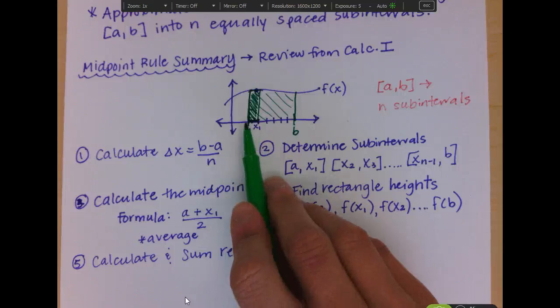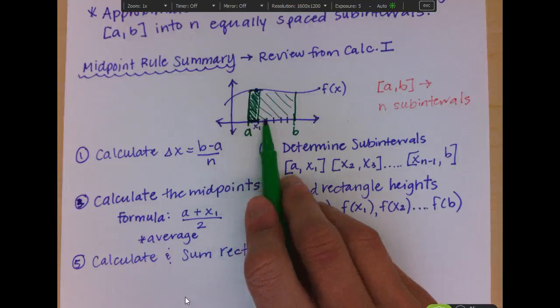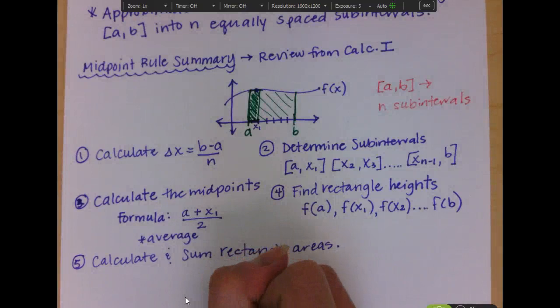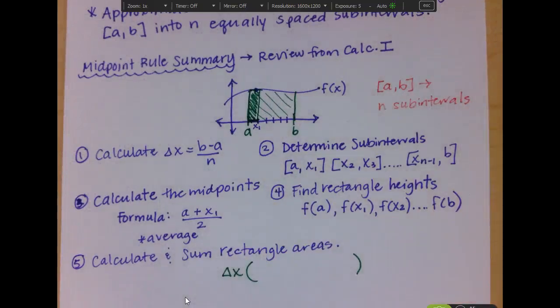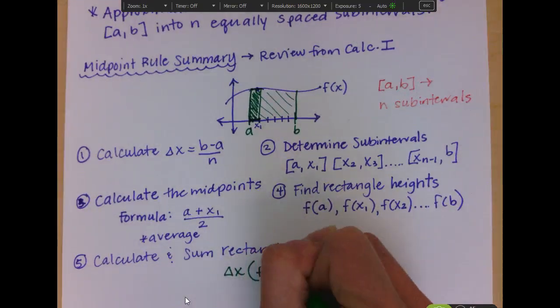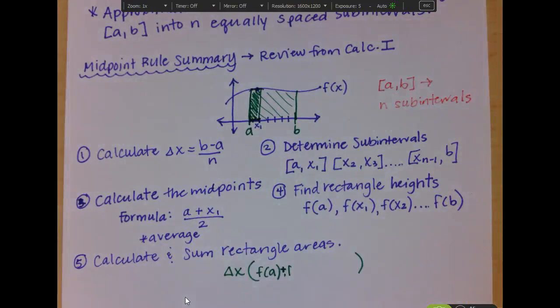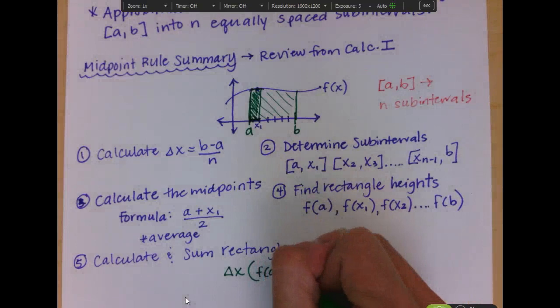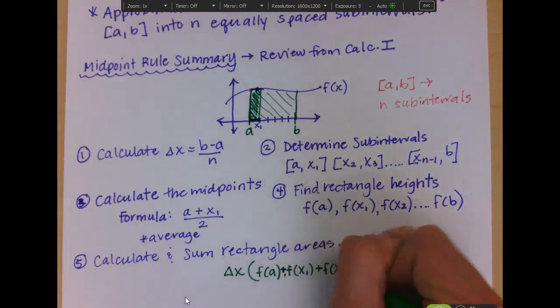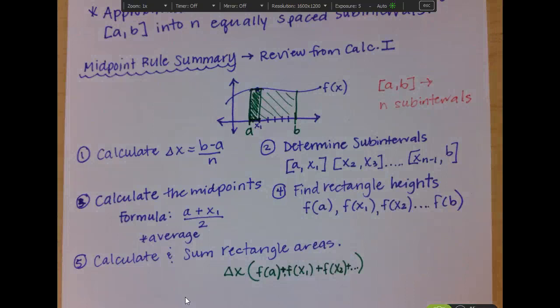And then I'm going to repeat that again and again and again n number of times. Well, what you'll notice is that the base of every single rectangle is going to be delta x. So what I can actually do is factor out that delta x, and I can just add all of the heights of every, whoops, that's a plus sign, sorry, f of a plus f of x sub 1 plus f of x sub 2 plus dot dot dot.